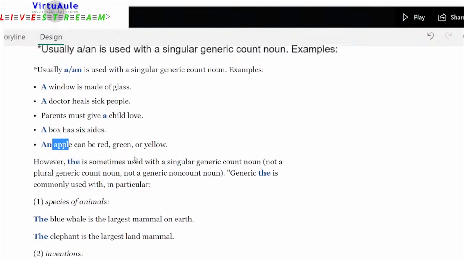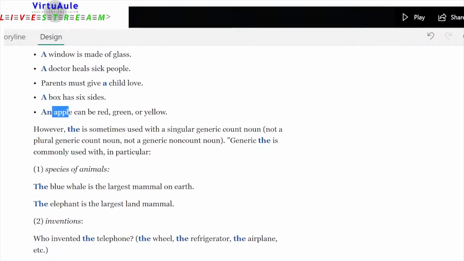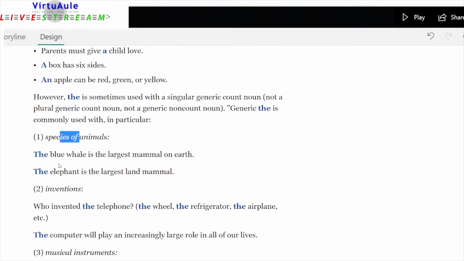However, the is sometimes used with a singular generic count noun, not a plural generic count noun, not a generic non-count noun. Generic the is commonly used with, in particular, species of animals. The blue whale is the largest animal on Earth.